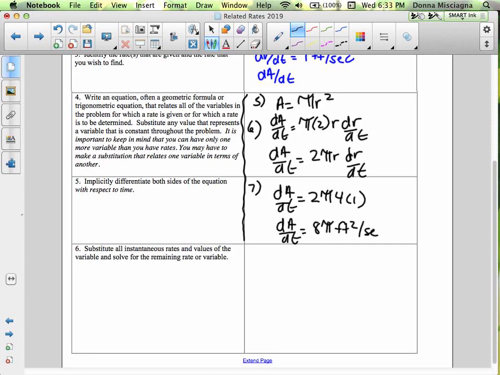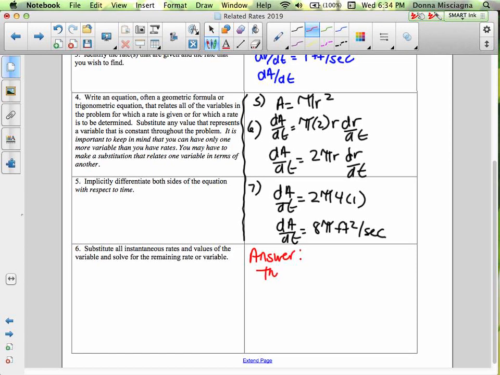I can't see the problem anymore once I scroll down, so I'm going to have to look back up or make sure I pay attention. All right, and that's all there is to it. Let's put our final answer here. Let's put our explanation.